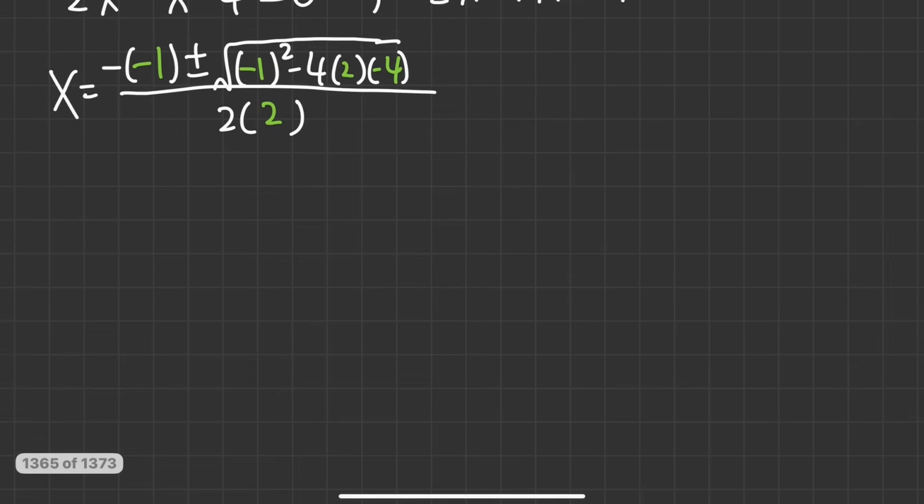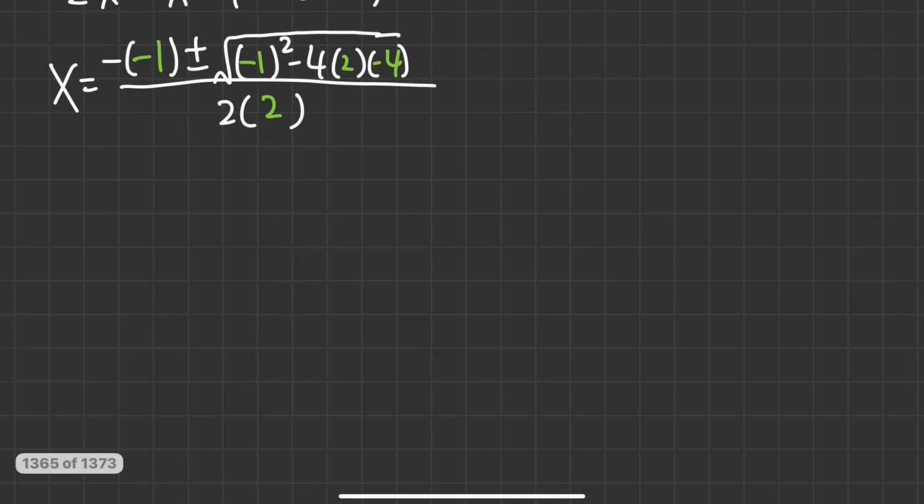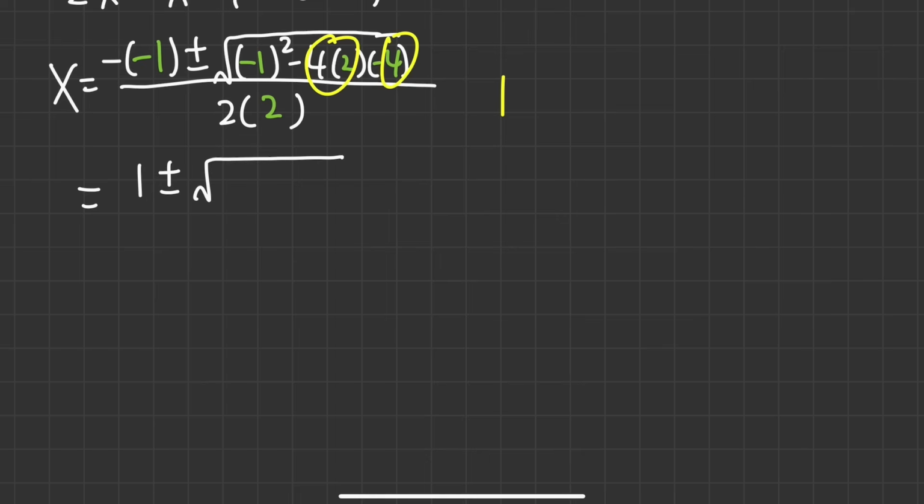So let's focus on this right here first. Here, negative negative 1 is positive 1. And then for the inside of the square root, this right here is going to be 1. And then 4 times 2 is 8, times another 4 is 32. But this is a minus times a minus, so that will be a plus.